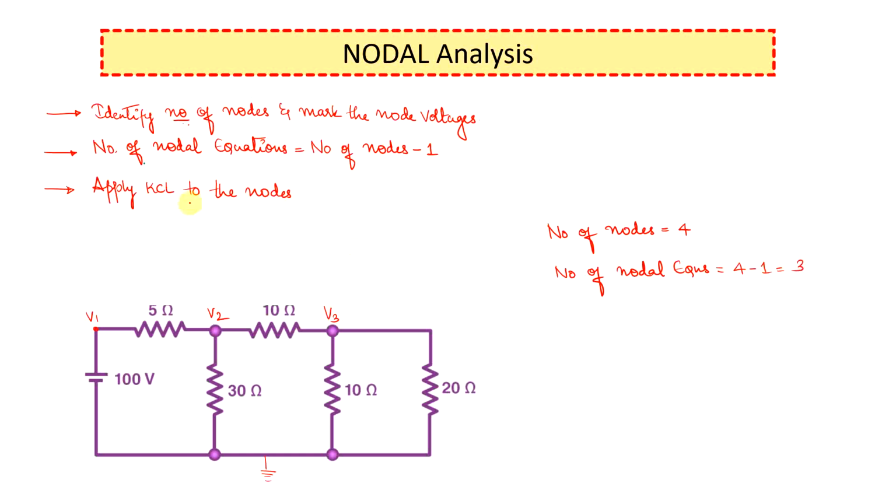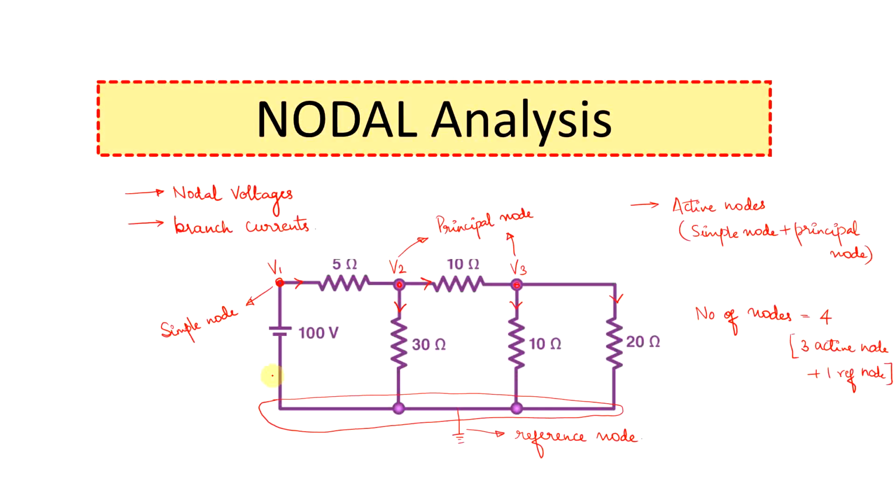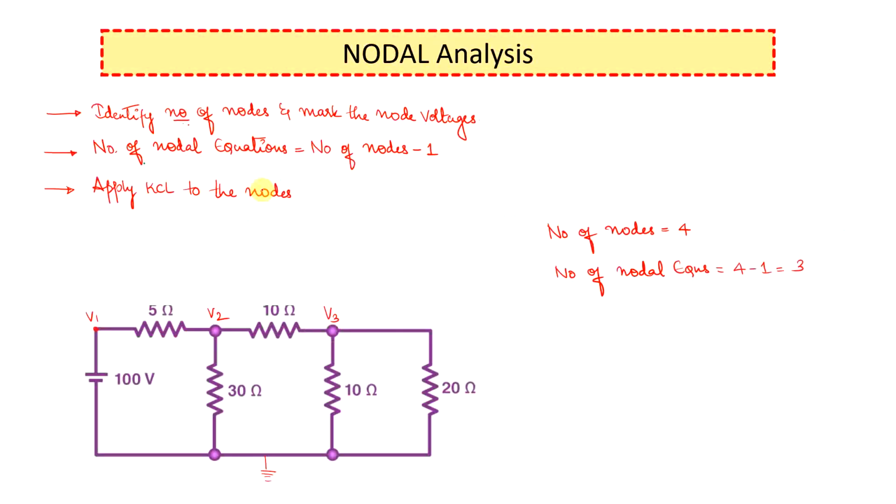Now we need to individually apply KCL to these nodes in order to obtain the nodal equations, because as I told you earlier, nodal analysis is mainly meant for determining the nodal voltages, like mesh analysis is used to determine mesh currents. So our intention is to determine the nodal voltages. That means you need to determine the voltage V1, the voltage V2 and the voltage V3 in this particular case.